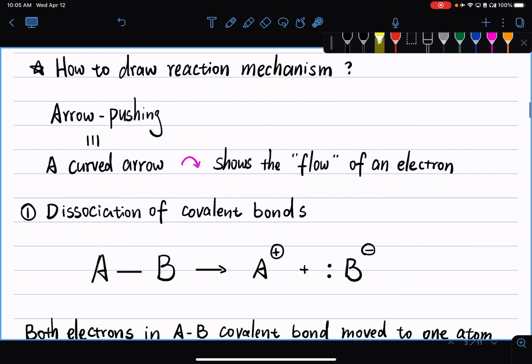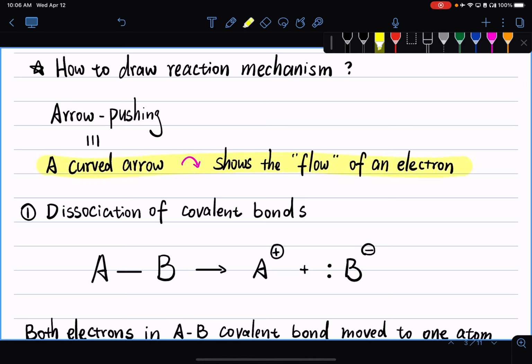Now we're moving on to our major topic of today. How do we actually draw reaction mechanism? Here we'll use 5 different types of transformation, and we'll go over them one by one. But in general, what we're doing is called arrow pushing. I'm just going to highlight it here.